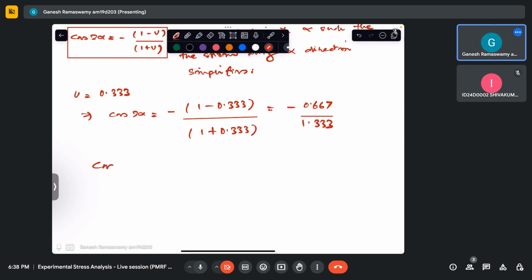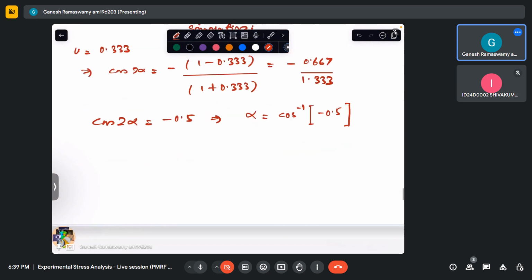So cos 2 alpha is minus half, which gives me alpha is cos inverse, so alpha is, or rather this is 2 alpha, so this comes out to be 60 degrees.